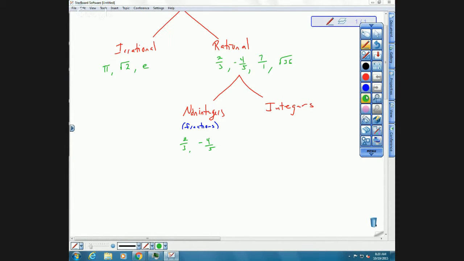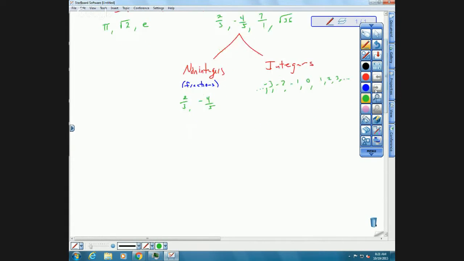But I can write 7 as a whole number. I could write the square root of 36 as 6. Okay, integers are any negative number, 0, and any positive number. So now we have the rational category, and we're breaking it apart. We have the integers and non-integers.